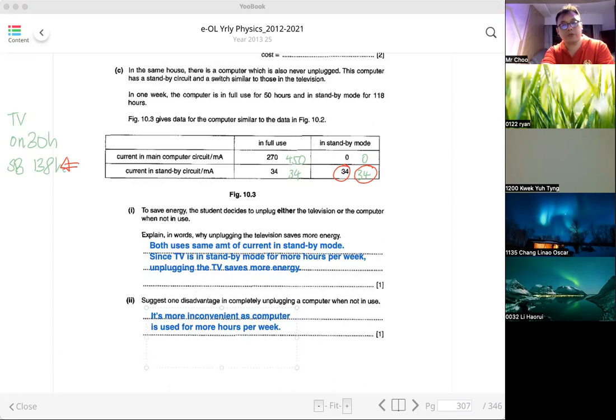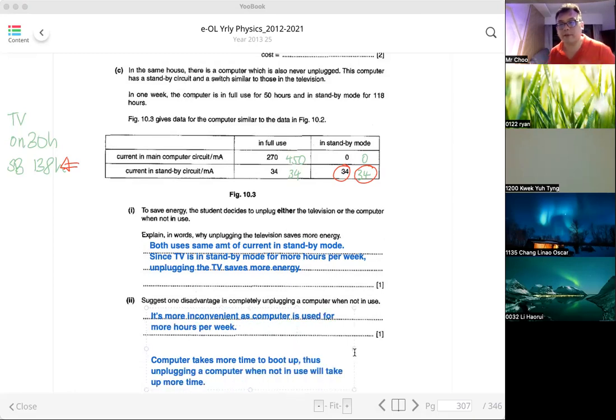Let me share with you Yiting's answer. Yiting's answer is the computer takes more time to boot up. So unplugging a computer when not in use will take up more time. Does it make sense?